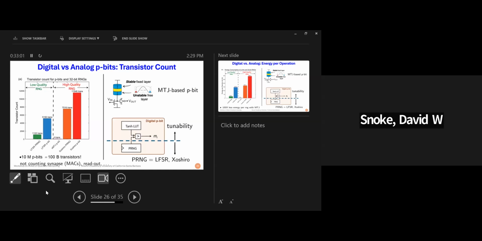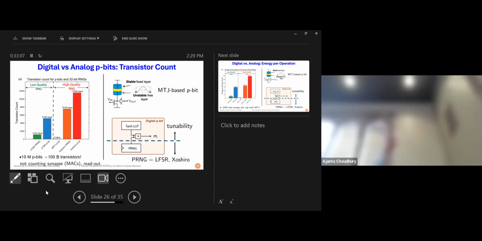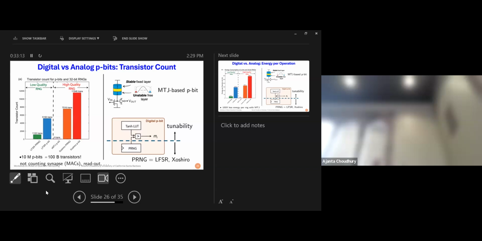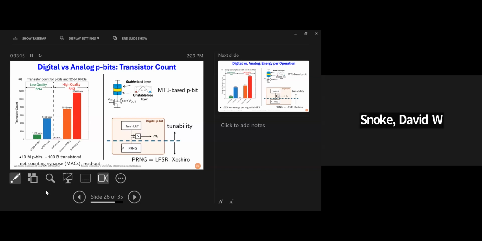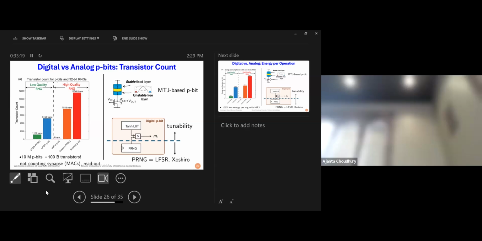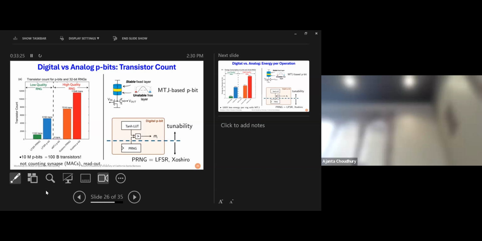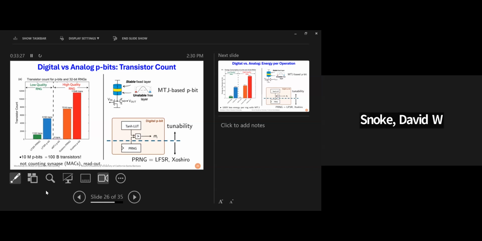So I can tell you that the energy efficiency comes from these two things, mainly because of this. If you implement a p-bit using traditional CMOS, and let's take a linear accuracy of 90, you have a random number generator. If you want to design this random number generator using a traditional CMOS-based device, you need that many transistors.